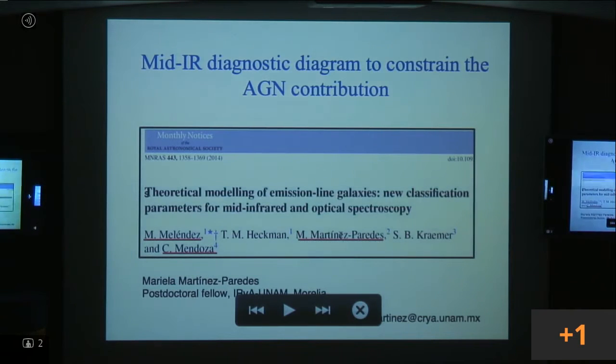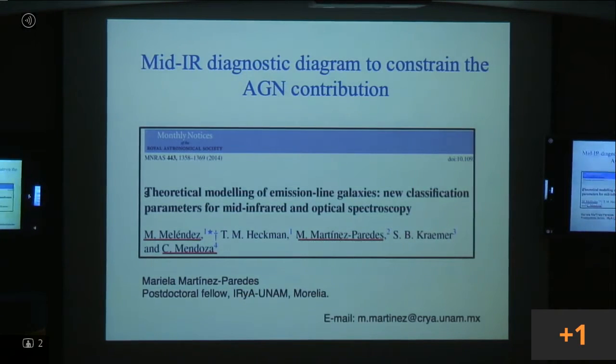Currently, I am a recent postdoc at the Radio Astronomy Institute in Morelia. During the last year, I have been working on those torus models in quasars, so I have not followed the recent publications in this field, but I want to bring this talk to this meeting.